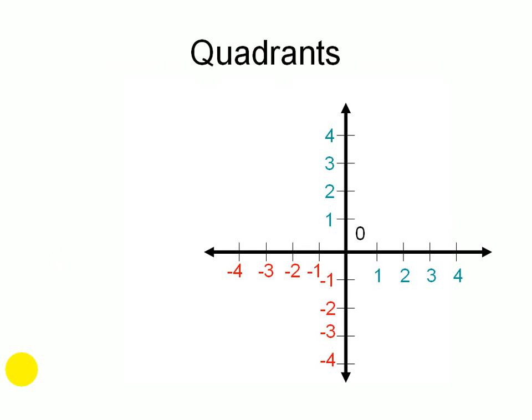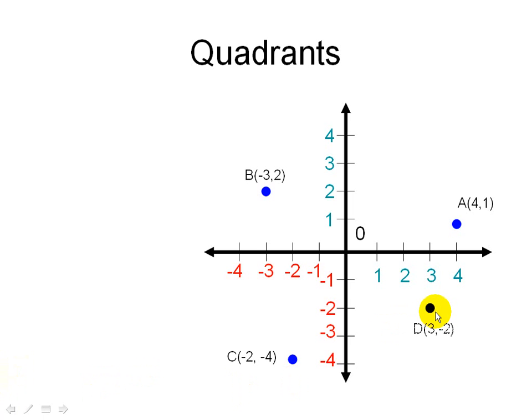So here we're going to talk about quadrants. We're going to go through these points we discussed earlier. A is located at (4, 1), again the x-coordinate and the y-coordinate respectively. Here's (-3, 2) for point B. For point C we have (-2, -4). For point D we have (3, -2).